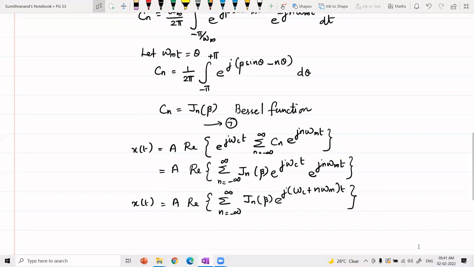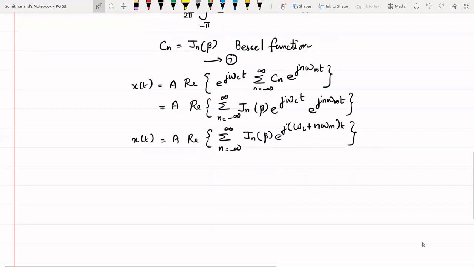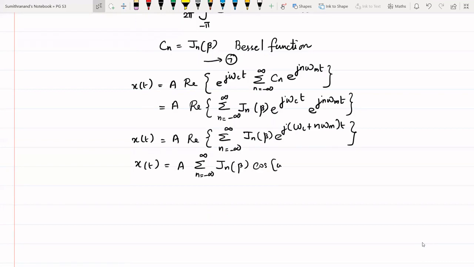or x of t is equal to a into sigma n is equal to minus infinity to infinity Jn beta cos omega c plus n omega m. Let this be equation number 8.